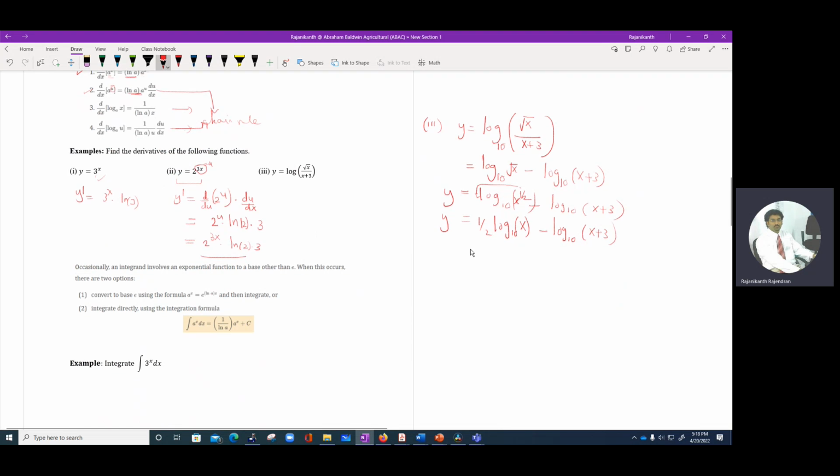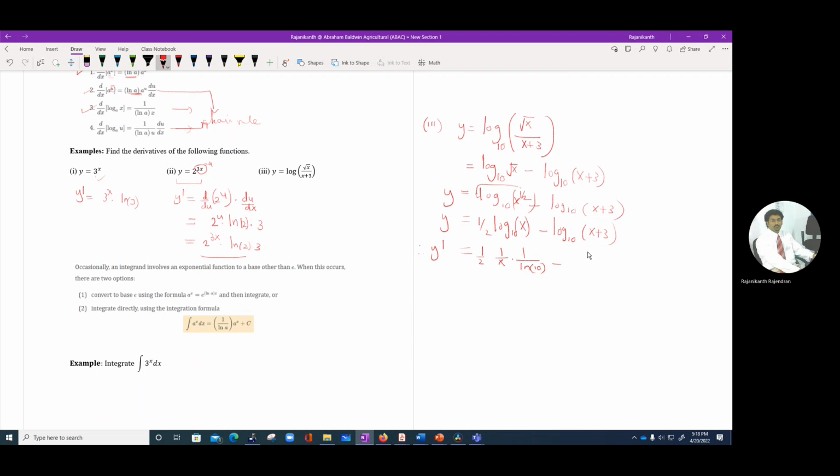Okay, so let's do the first part by using property number 3, the log property with the derivatives. I could write this as half times, since I'm finding y prime, the derivative of log base 10 of x, which is 1 over x times 1 over ln 10, by using property 3.